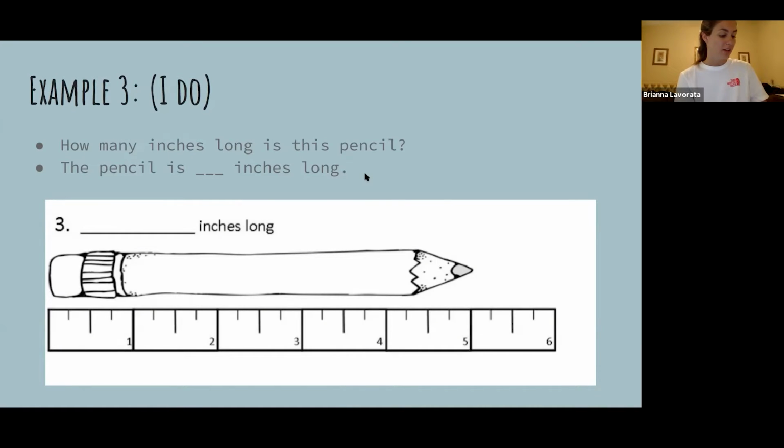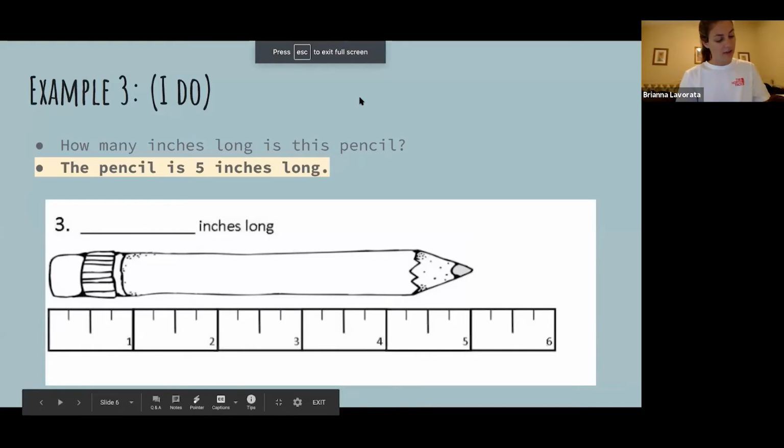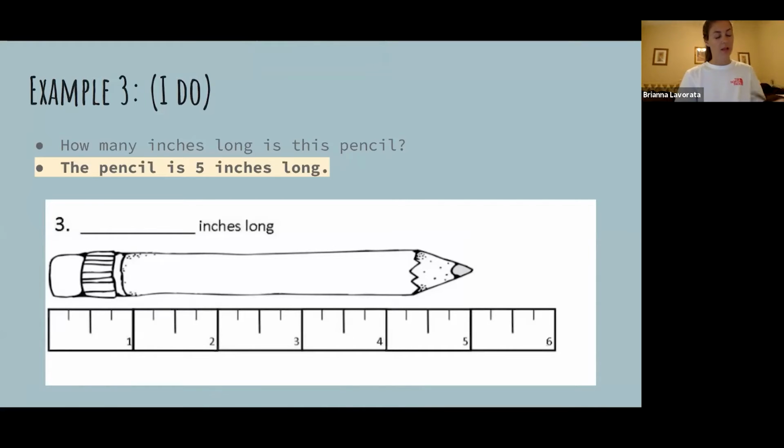So go ahead and finish that sentence and write the pencil is 5 inches long. I'll bold and highlight that for you again so we can better see this. The pencil is 5 inches long.